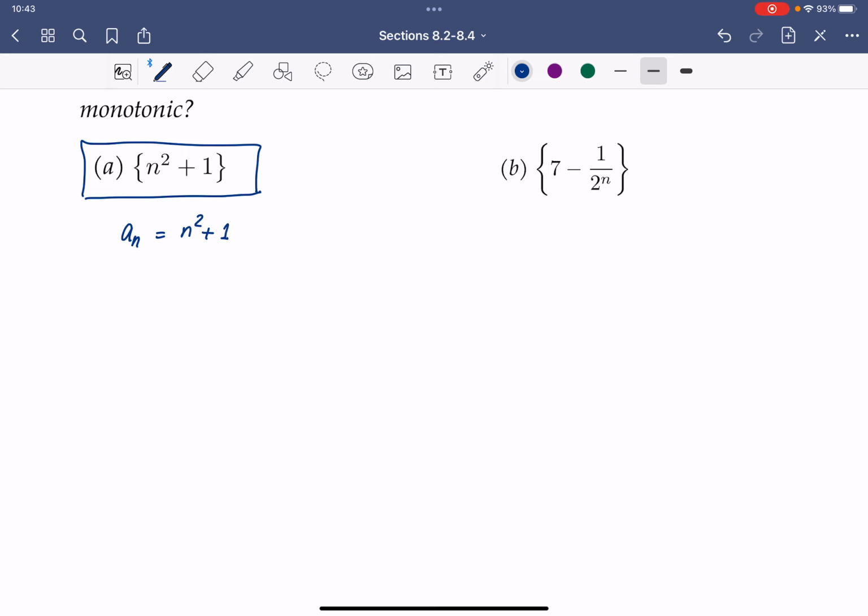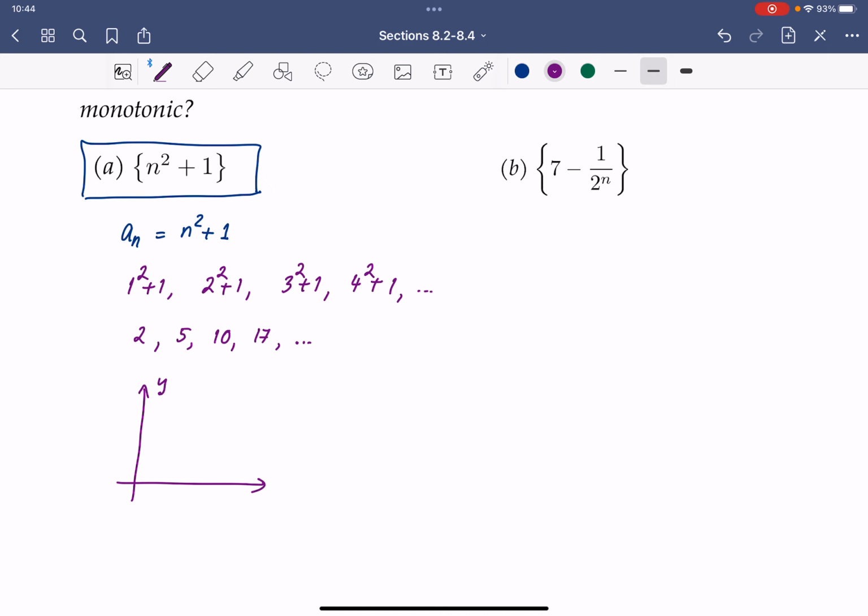If you write out the sequence, a1 is 1 squared plus 1, a2 is 2 squared plus 1, a3 is 3 squared plus 1, a4 is 4 squared plus 1, and so on. So it's 2, 5, 10, and then 17, and so on. This is the pattern you can see. It's going up all the time: the first one is 2, and then 5, 10, and 17. So the pattern just keeps going.